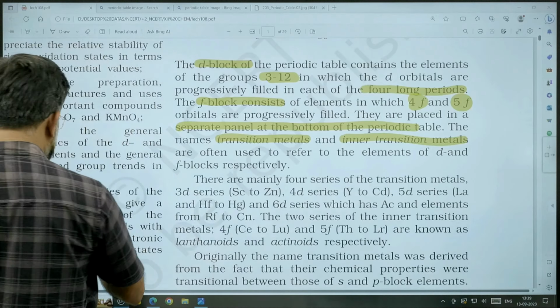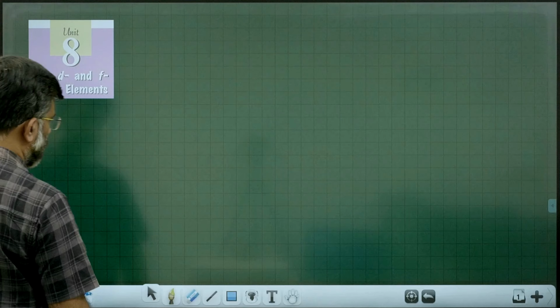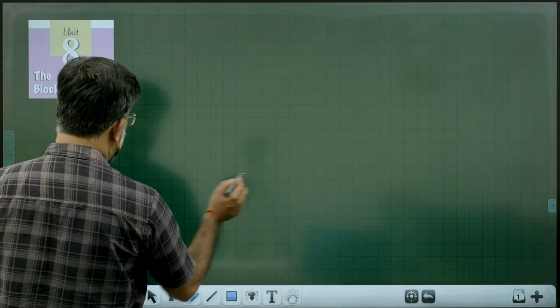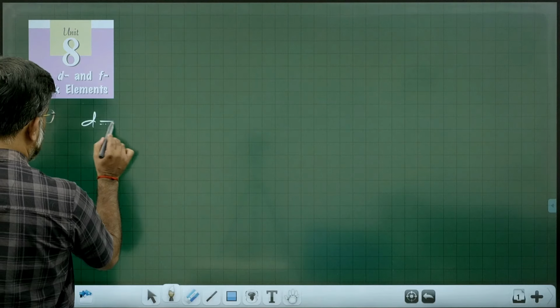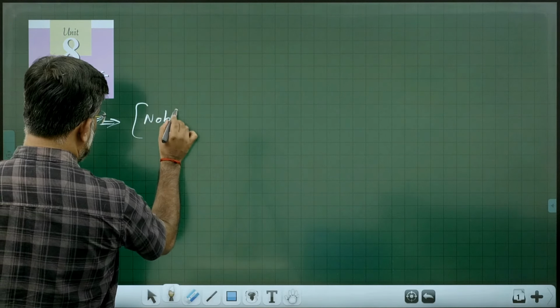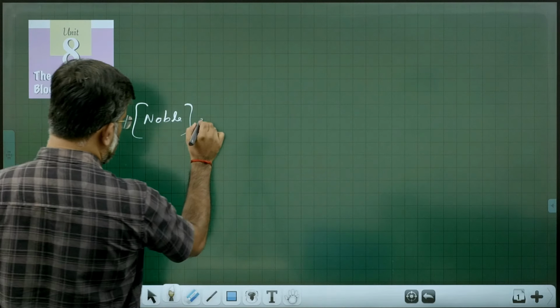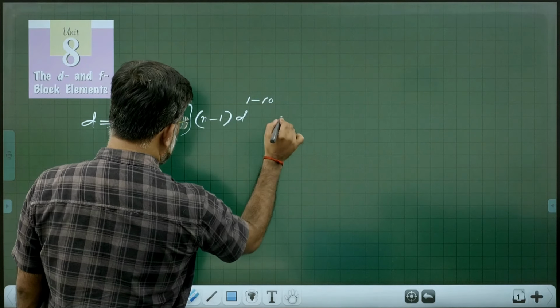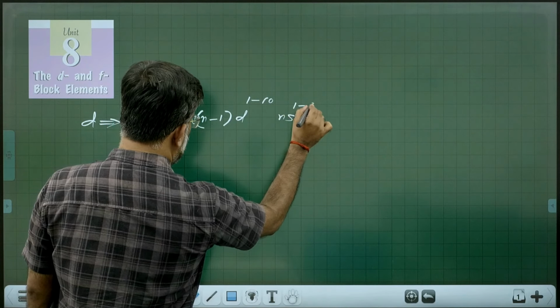All of you know regarding the electronic configuration of transition and inner transition elements. For D block elements, the electronic configuration is a noble gas core, N-1 D 1 to 10 Ns 1 to 2.